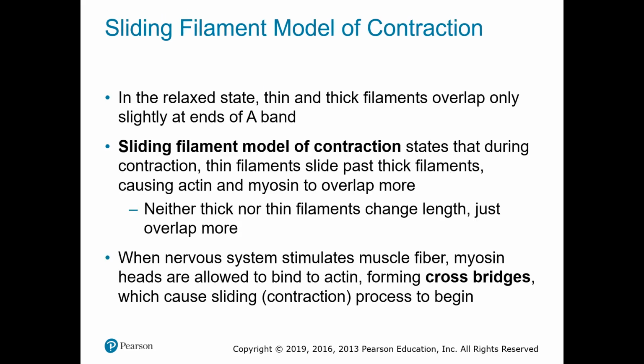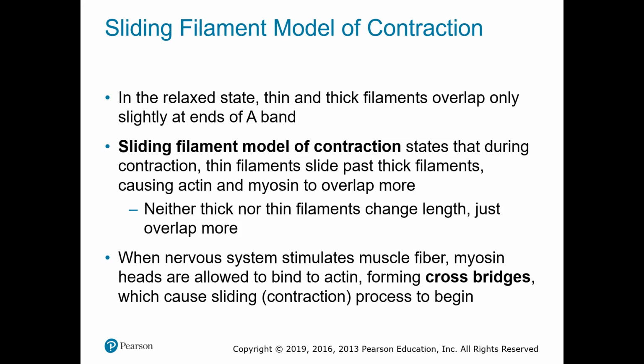So normally our A band is made up of an overlap of the actin and the myosin. When they're relaxed, there is no connection between the actin and the myosin, and there is overlap at the A band. But we have a model here that explains this. It's called the sliding filament model.